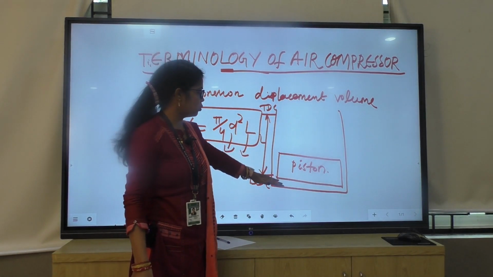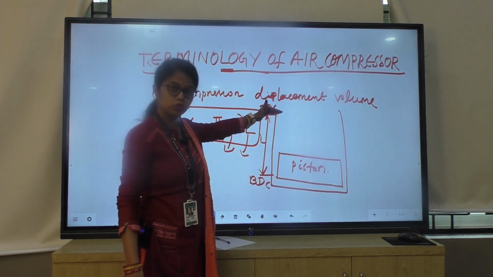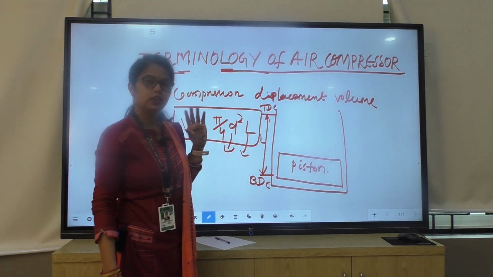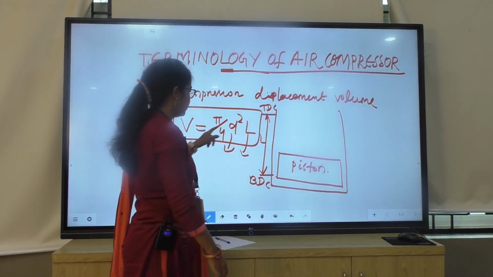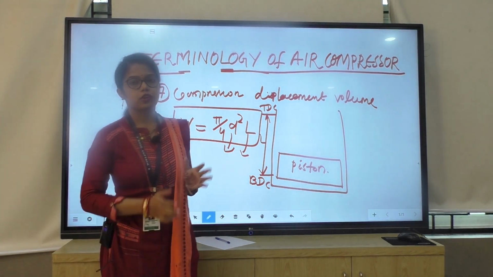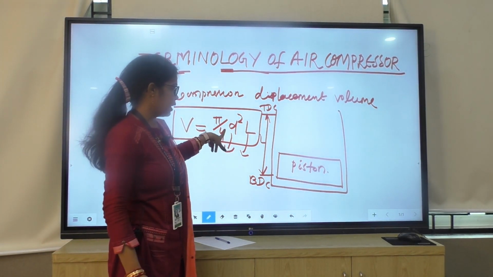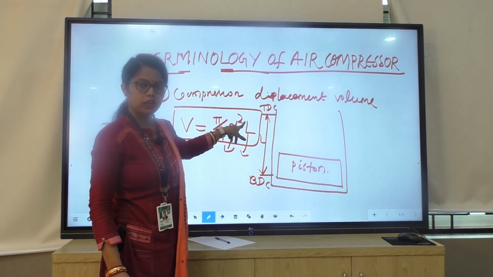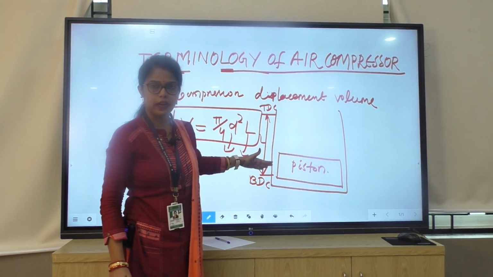Okay. The piston will move from this BDC up to this TDC, and that distance from the TDC to BDC is called as stroke length, and D is the diameter of the cylinder. Clear? D is the diameter or bore of the cylinder. L is the stroke length, that is the distance between the TDC and BDC.